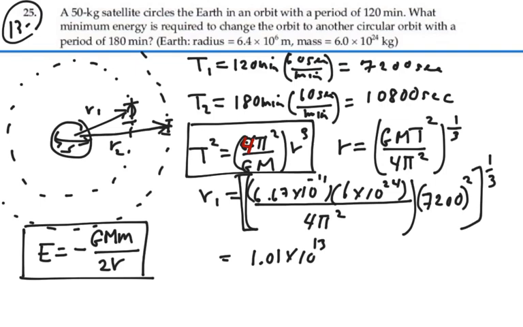Keep that in mind. And then we have that times 7,200 squared, all this to the 1/3 power.